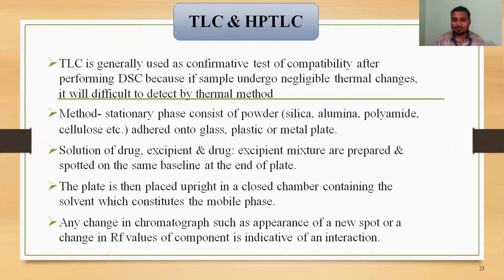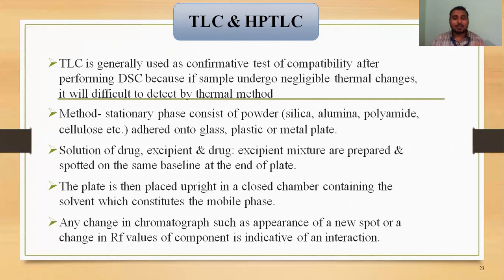The main components of TLC are the mobile phase and the stationary phase. Here we are using stationary phases such as silica gel, alumina, and polyamide. We prepare a mixed solution of drug and excipients and spot it on the same line at the end of the plate.